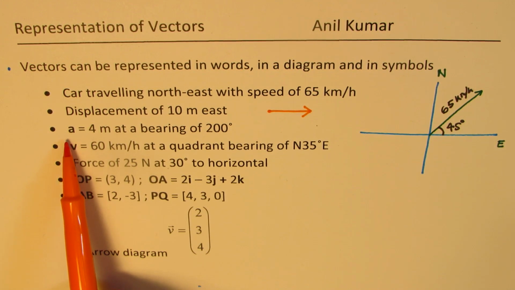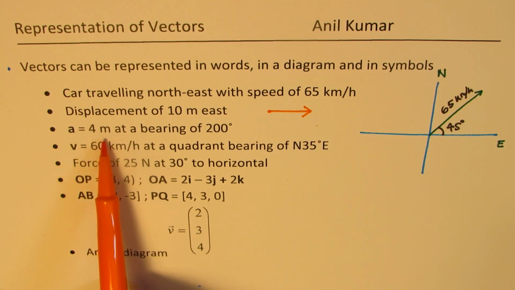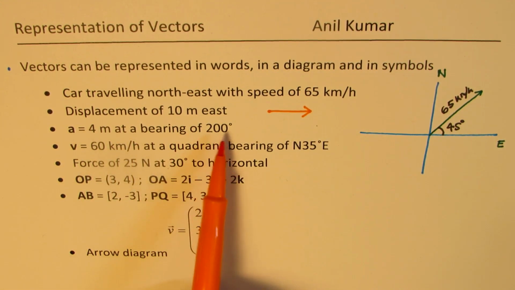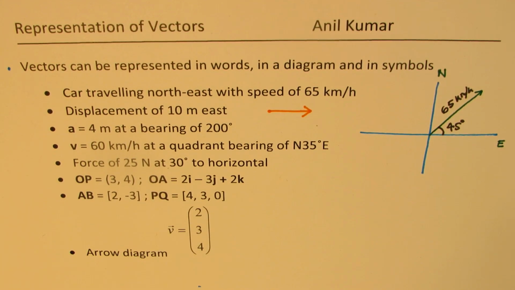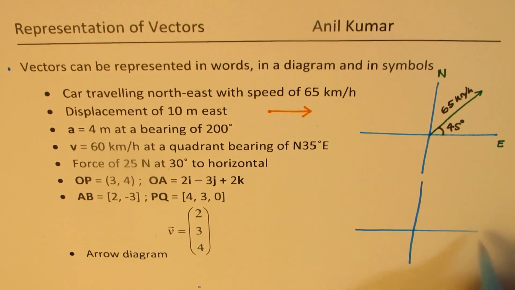Vectors could also be represented by an equation given here, which is vector A equals 4 meters at a bearing of 200 degrees. Now, when we say bearing of 200 degrees, it means what? It means that we are looking at the angle from the north.